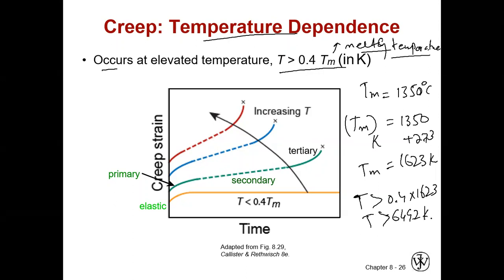649.2 Kelvin. And if I convert to degree centigrade, minus 273, it comes out to be 376.2 degrees centigrade. So if the plant temperature is greater than 376.2, the creep will be dependent on the temperature.